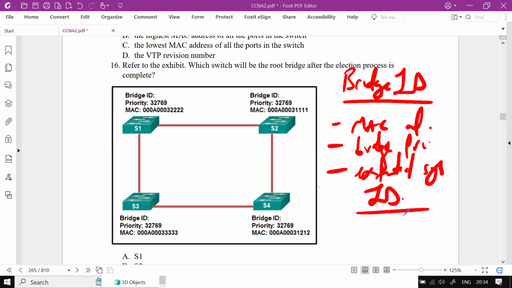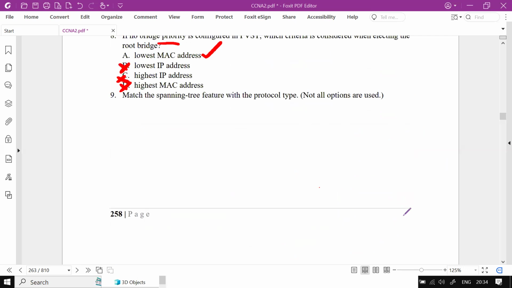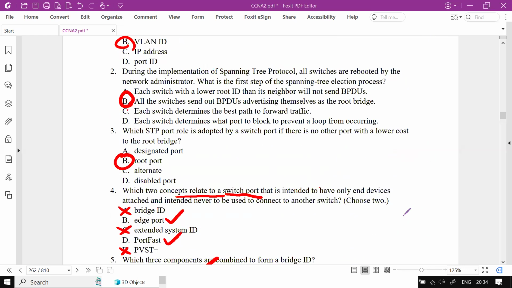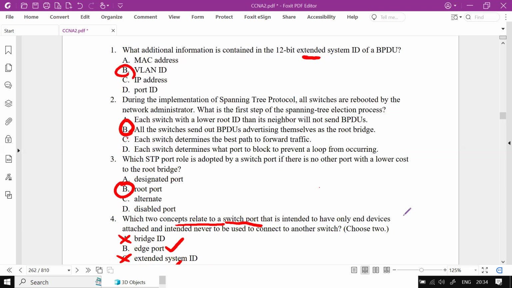What is the extended system ID? Let me go back. Question number 1: what additional information is contained in the 12-bit extended system ID of a BPDU? The additional information is the VLAN ID.